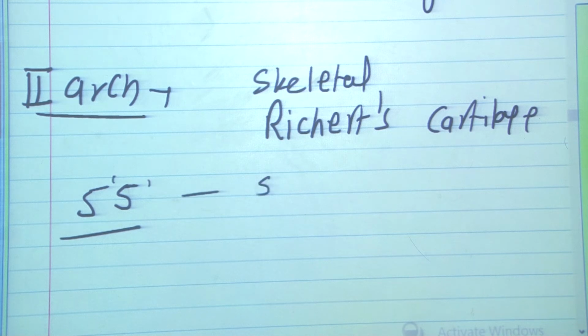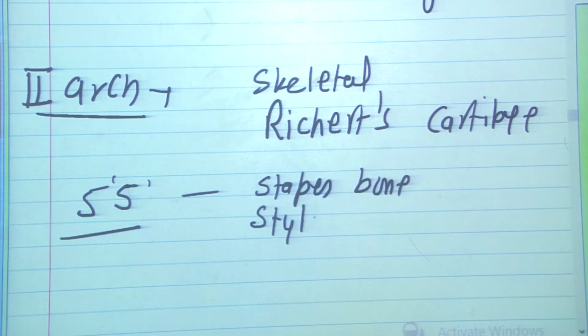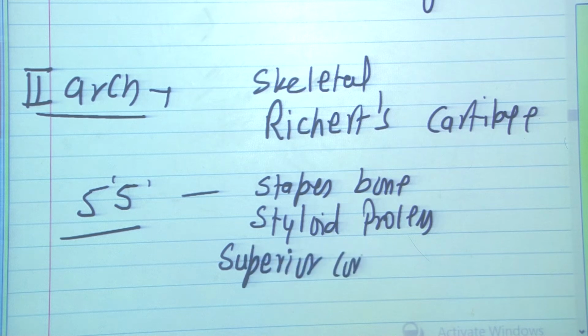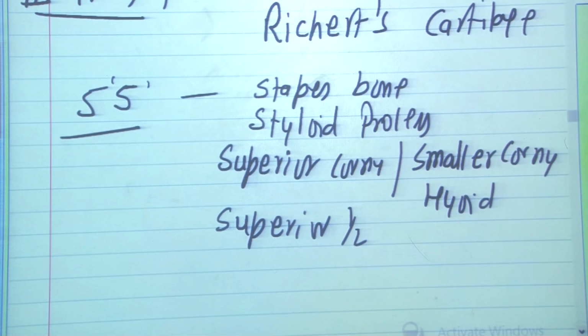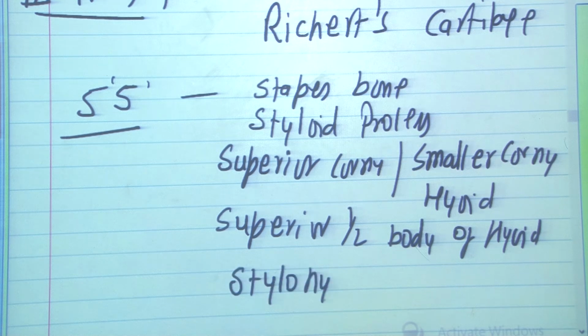What is this? Stapes bone, styloid process, superior cornu, lesser cornu of hyoid bone, superior half of body of hyoid and stylohyoid ligament.